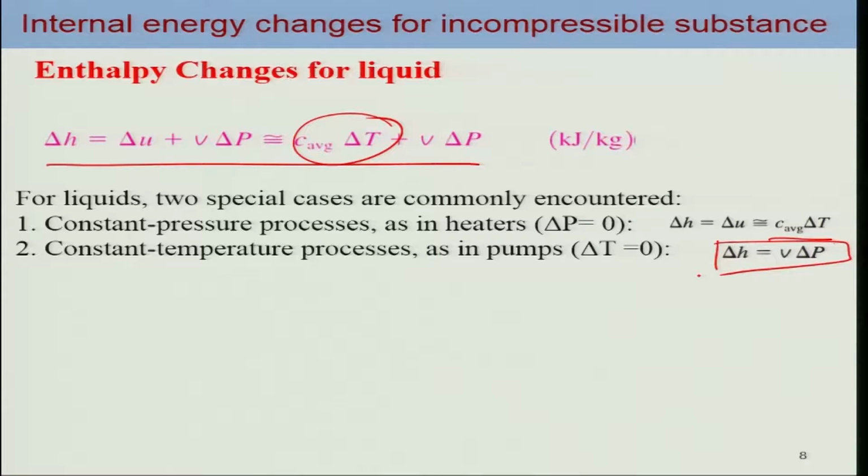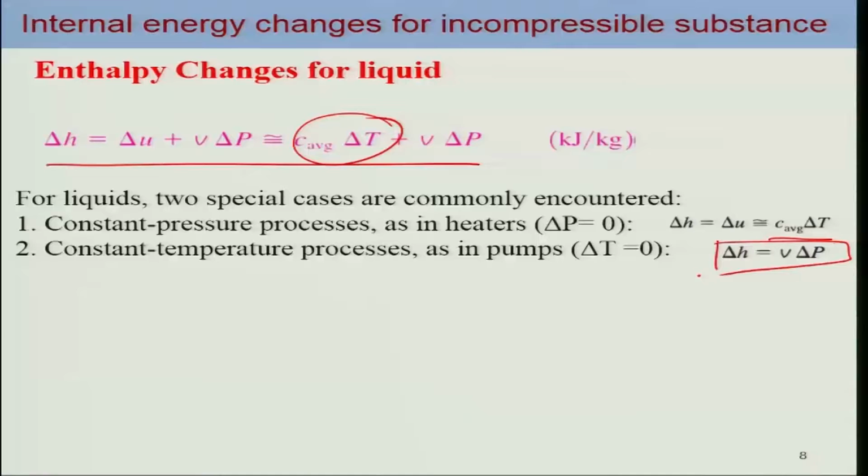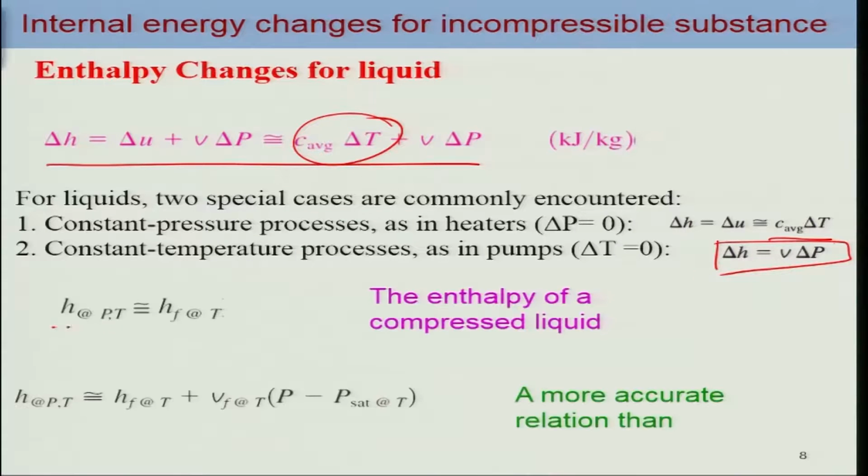Now if you recall, earlier we approximated the change in enthalpy for a compressed liquid by its saturated liquid value at a given temperature. That was an earlier approximation, but if you consider that delta H can be related to V delta P, you can say this is simply v_f at T times P2 minus P1, where state 1 could be your saturated liquid and state 2 your compressed liquid.